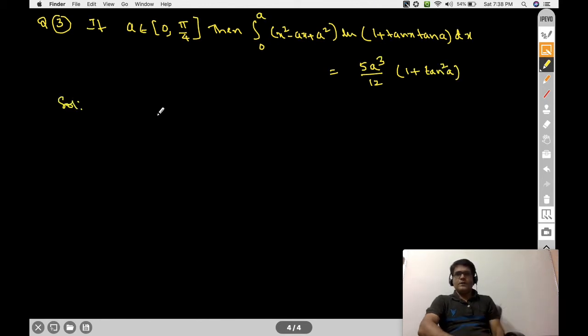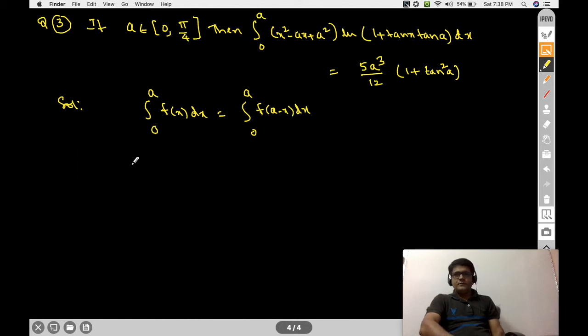Solution. Use this property: integration of 0 to a f of x dx is equal to integration of 0 to a f of a minus x dx. This is the application of this property.